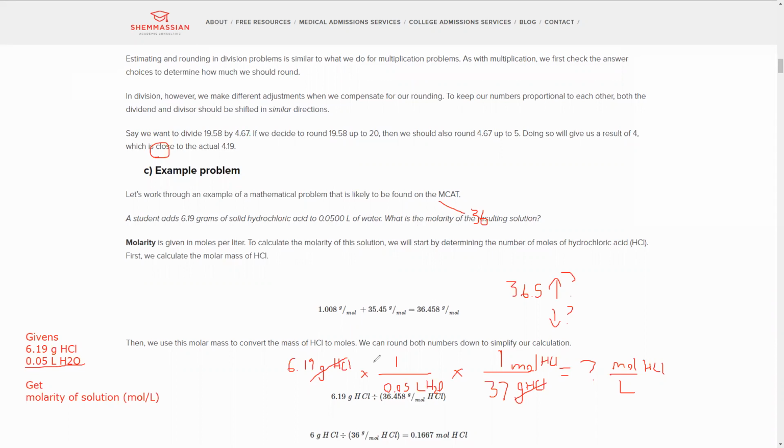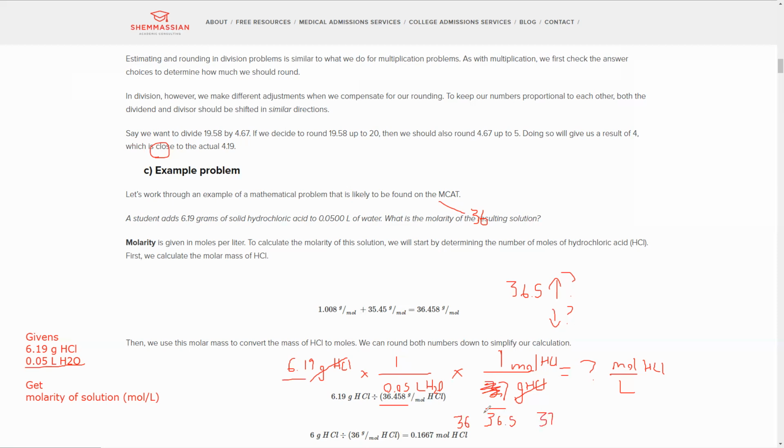So let's look at our equation. We have 6.19 divided by 0.05, then divided by 36.5, which could either be a 37 or it could be a regular 36. Now, given the numbers that we have in this equation, would you rather have a 36 here or would you rather have a 37?